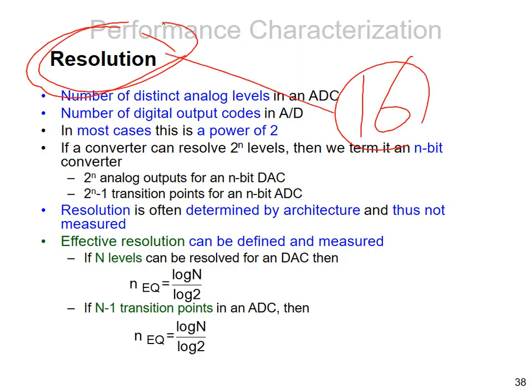Because the resolution from the beginning is decided by the designer, so you don't need to measure it. Without check, oh, you have 14 bits for our configurations, your resolution is 14 bits. But it means nothing. We focus very much on effective resolution, not the nominal.